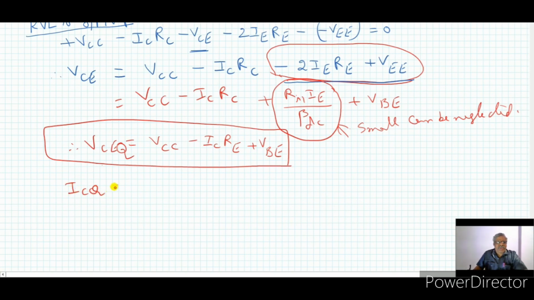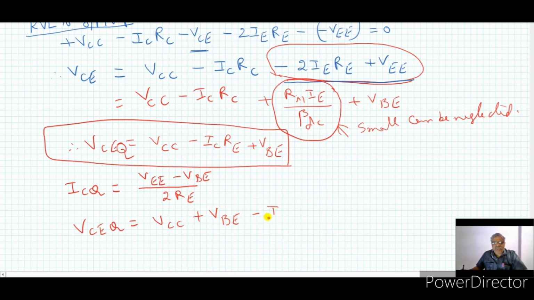So our operating point expressions can be written like this. ICQ is equal to VEE minus VBE by 2RE, and VCEQ is equal to VCC plus VBE minus ICRC.